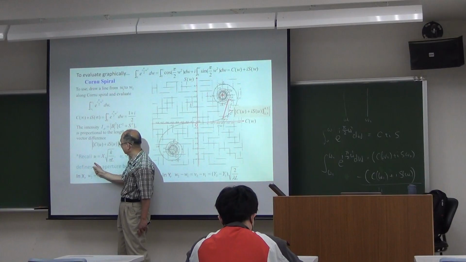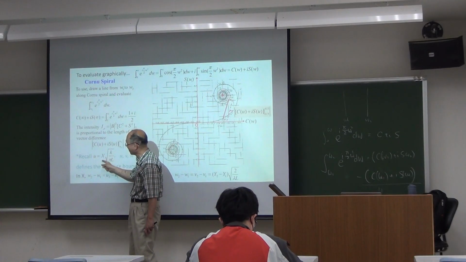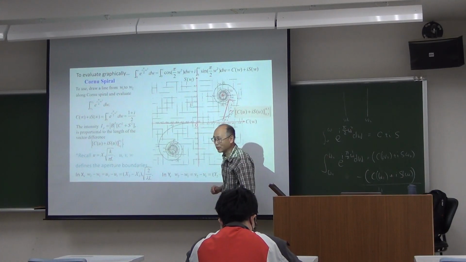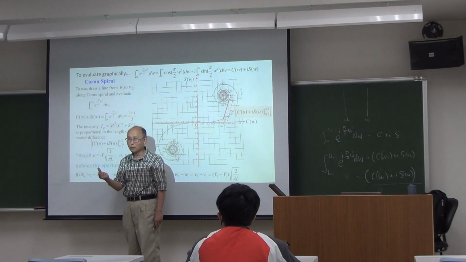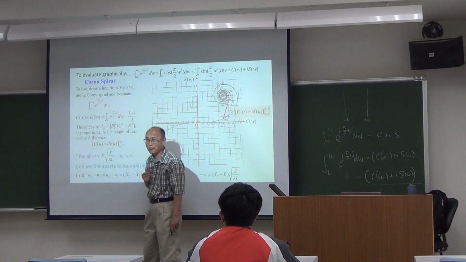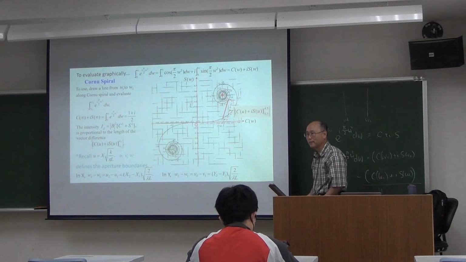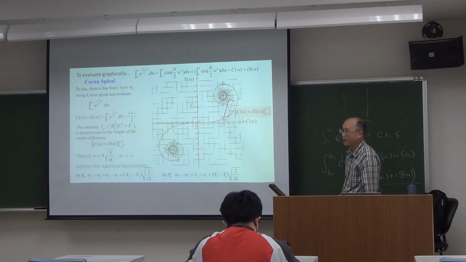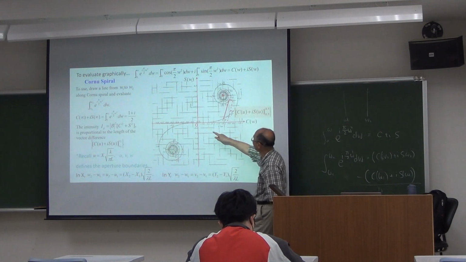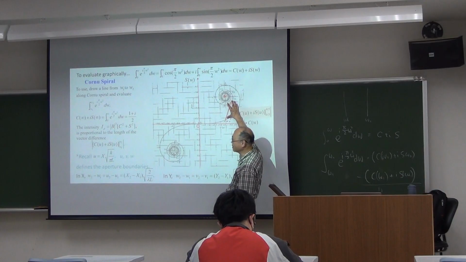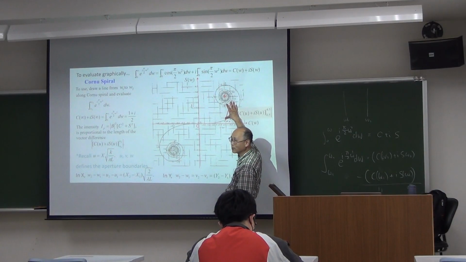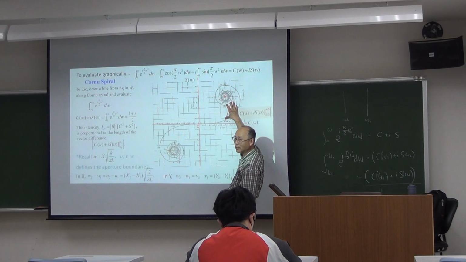All right, so regardless of this definition, you know that these two values correspond to the two boundaries of the aperture. All right, so this is how you use the cone spiral. Find the vector, and then do subtraction to get the length, and this length corresponds to the intensity you'll be looking into.